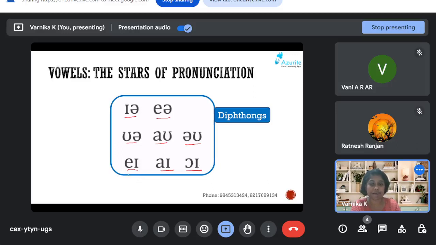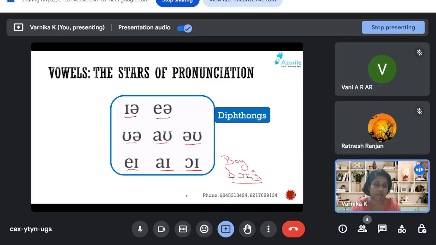Okay, so those are the diphthongs for you. For example, if I have to say boy, that is when you will have symbols like this. So this word is IPA for boy.